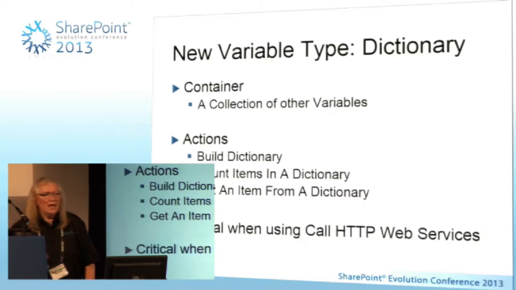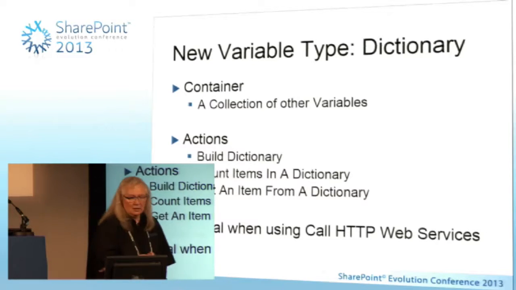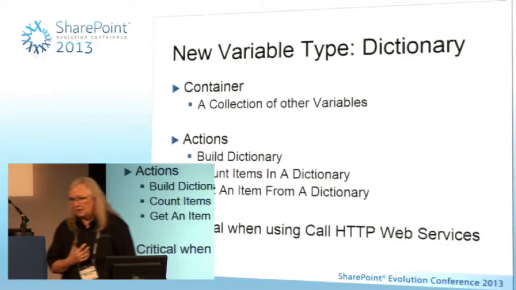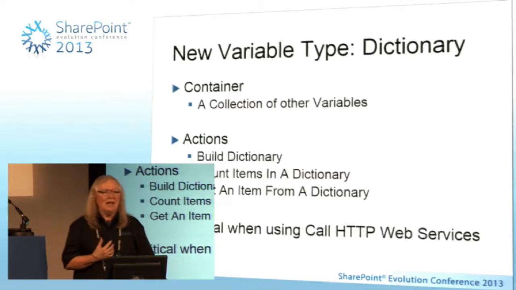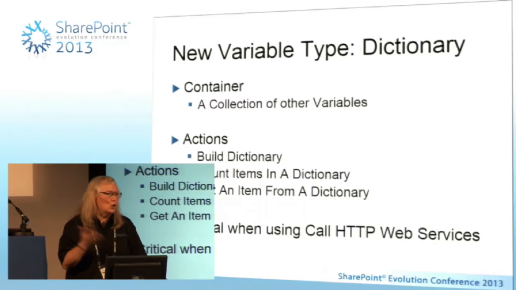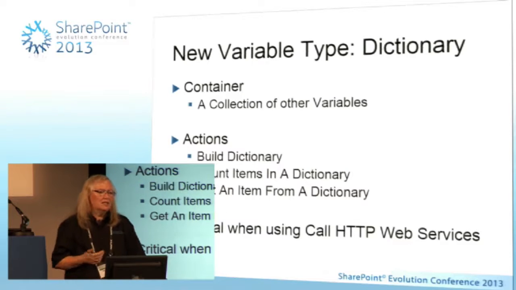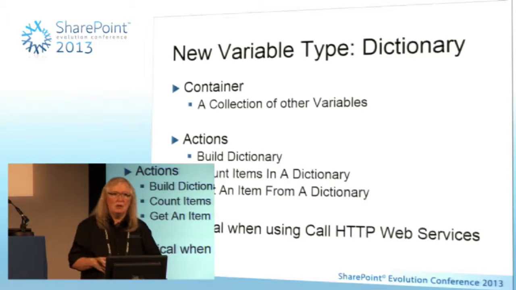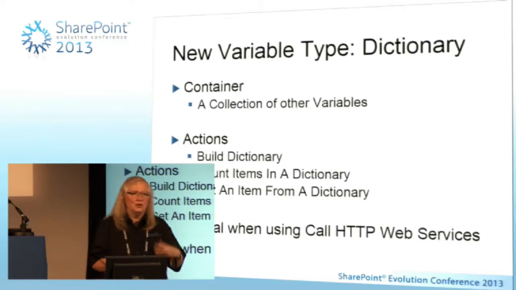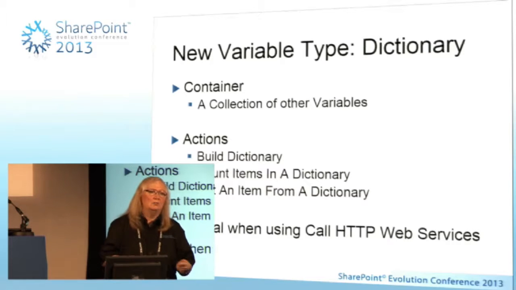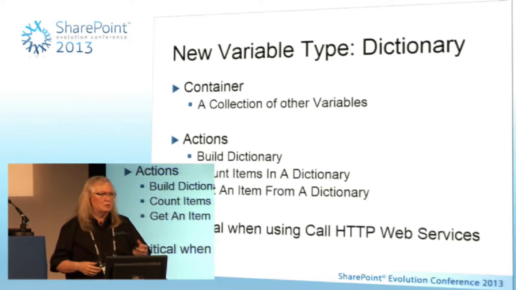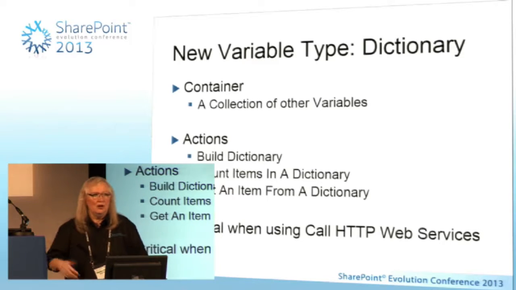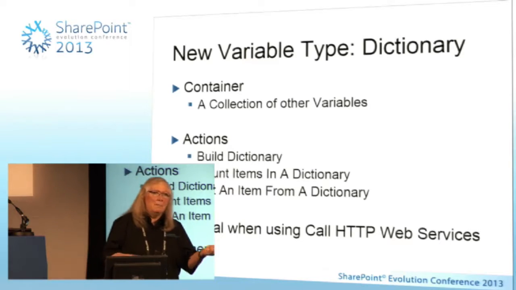Okay. We have got some new variable types. Okay? So one of the most important ones is a dictionary. Okay? So this allows us to keep almost like rows in a table. Okay? Many times when we're actually getting information back from other things, it might be that we're saying, right, please give me the value in a column in the current item, or please go to that list and give me back the value in the current item, or please go to the user profile and tell me who the person's manager is.